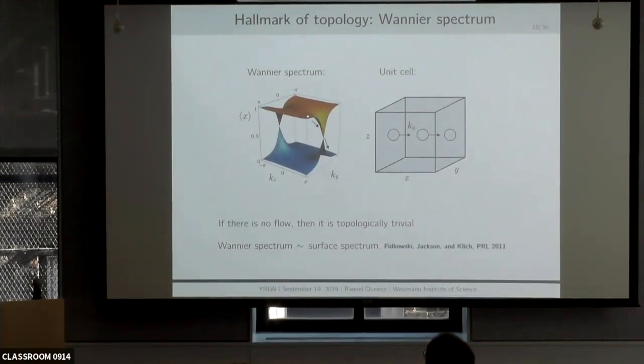I can see, for example, along this line, if I were to change my momentum in Ky, I would look at the position expectation value for my filled states, and they would flow around, and there would be charge pumping. There's a really nice paper in PRL in 2011 that establishes the correspondence between the Wannier spectrum and the surface spectrum. So in fact, the Wannier spectrum can describe the surface spectrum.